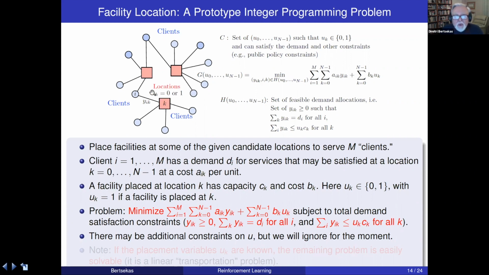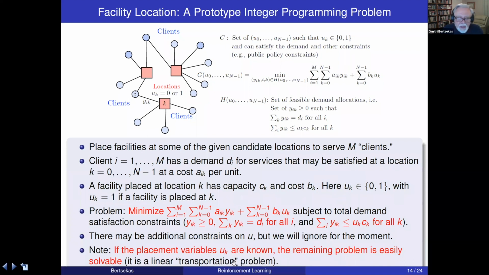If I give you the facility locations, then the remaining problem is a linear programming problem that can be solved very quickly. It's what's called a linear transportation problem, okay? It's a classical network flow problem that can be solved in polynomial time by very efficient algorithms. So if the placement variables are known, the remaining problem is easily solvable.